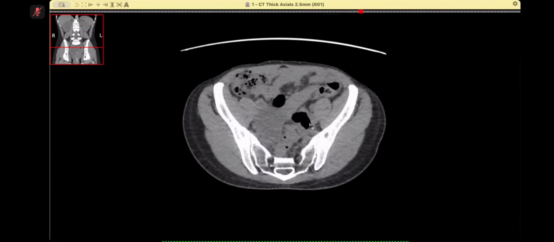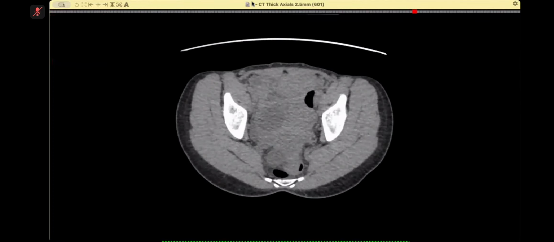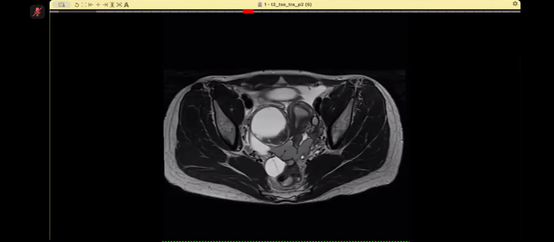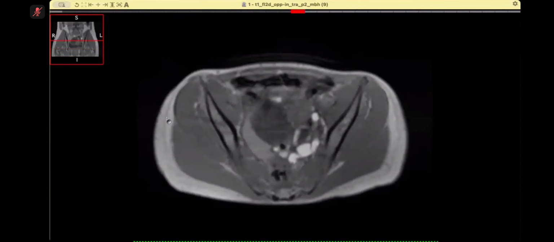Now, on this MR, the key sequence: you should not have asked for a coronal. After axial, 2 things you should make sure. One is to confirm hemorrhage, you ask for a fat saturated T1 weighted sequence.